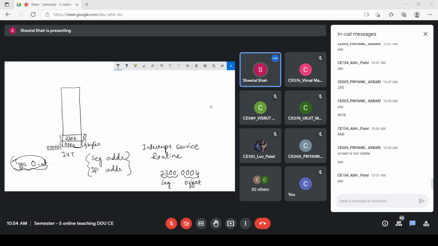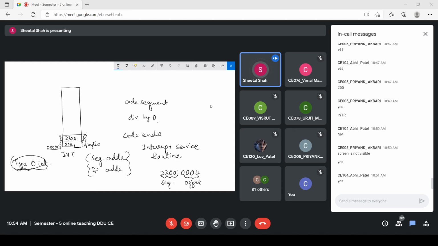So suppose you have written a code segment, and here the code ends, and you are trying to divide a number by 0.